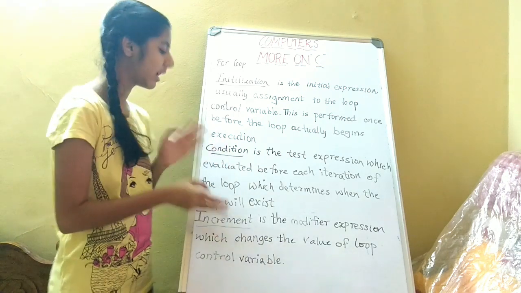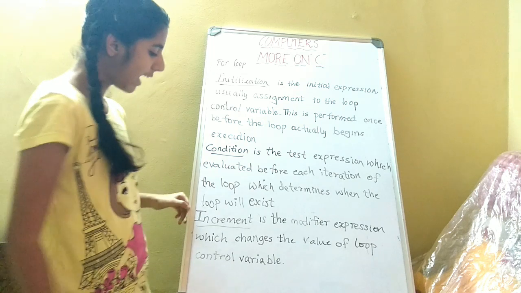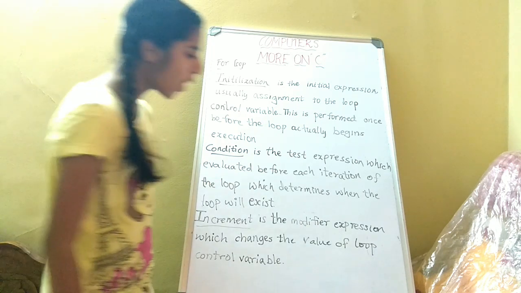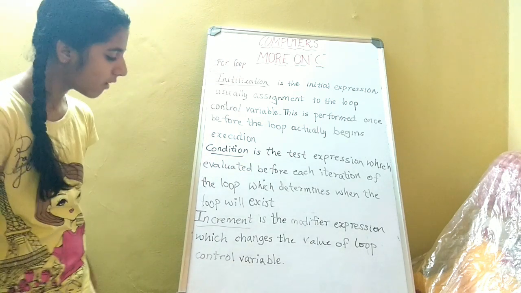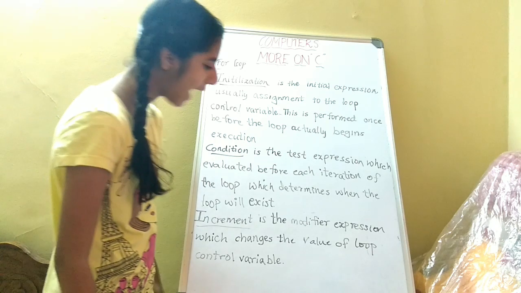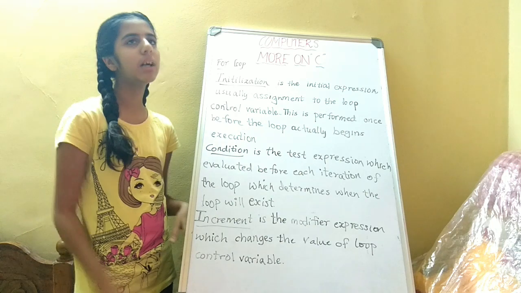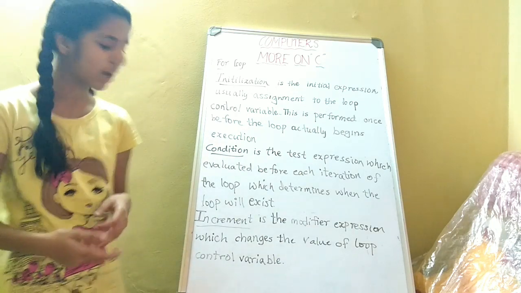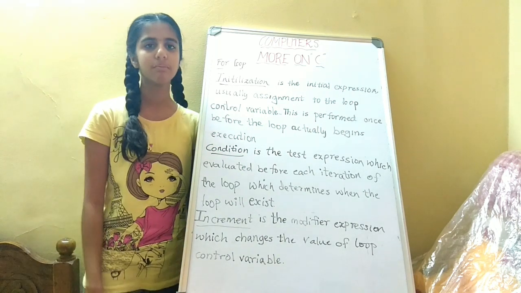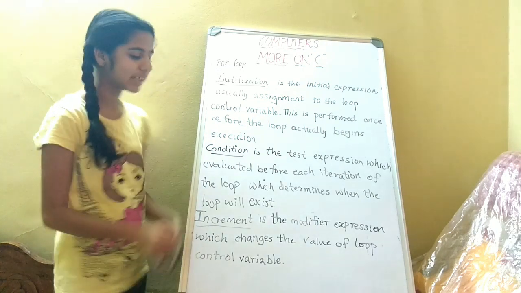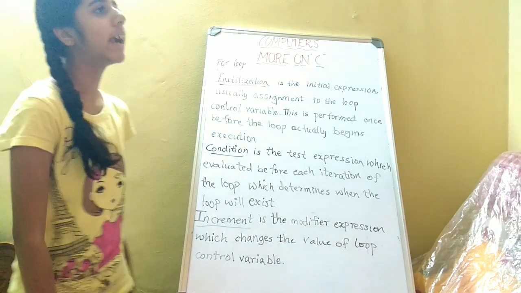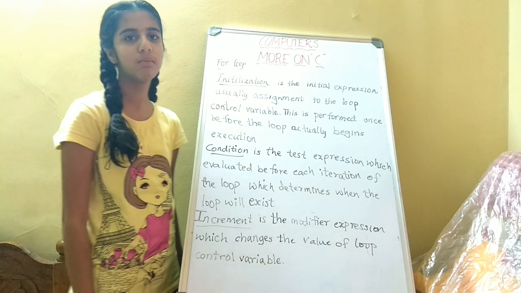Increment is the modifier expression which changes the value of the loop control variable. This expression is executed at the end of each loop.